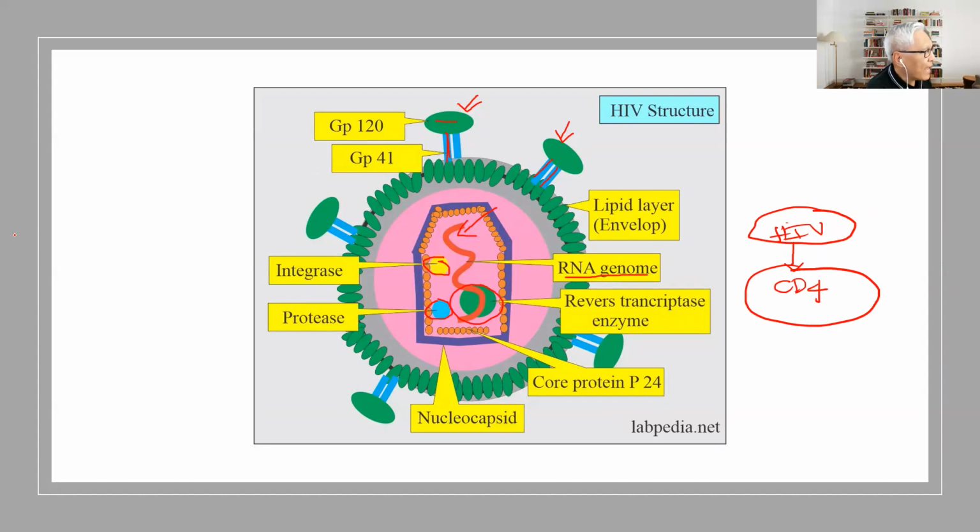Let's say that I had a dirty needle and I injected myself with that dirty needle, and now that needle had HIV. Okay. So what's going to happen is this HIV is going to look for its favorite food.